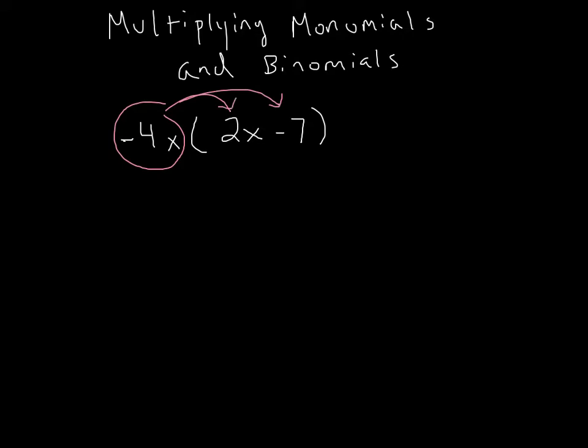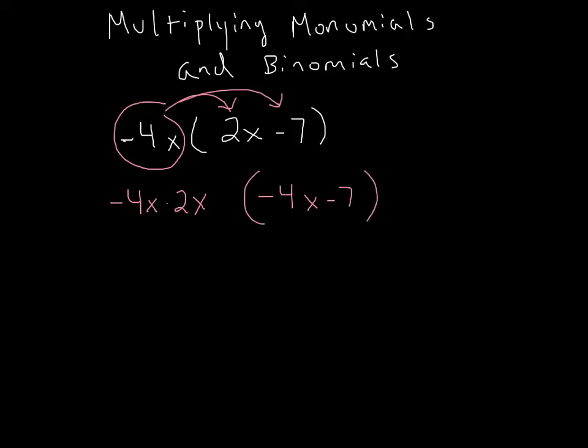Okay, now in your notes, it really breaks it down. It actually makes it look a little confusing. You have the negative 4x times 2x. Okay, so that's the very first part of it. And then you do the negative 4x times the negative 7.